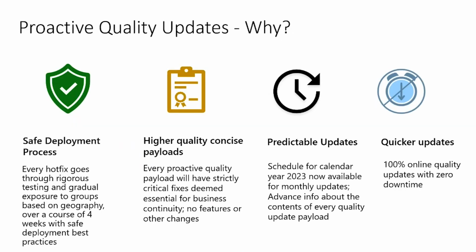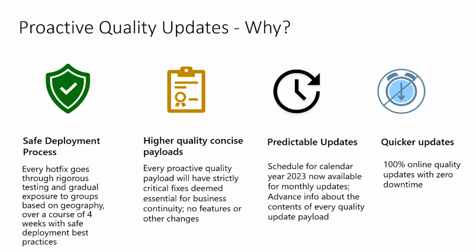So proactive quality updates, and how do we address all the challenges I just spoke about with our hotfix processes? Before jumping into the why or the benefits of proactive quality updates, I would like to take a minute to drive home the point that proactive updates are much smaller. These are really small sets of payloads with critical fixes that are deemed necessary for customers to ensure their businesses run smoothly.